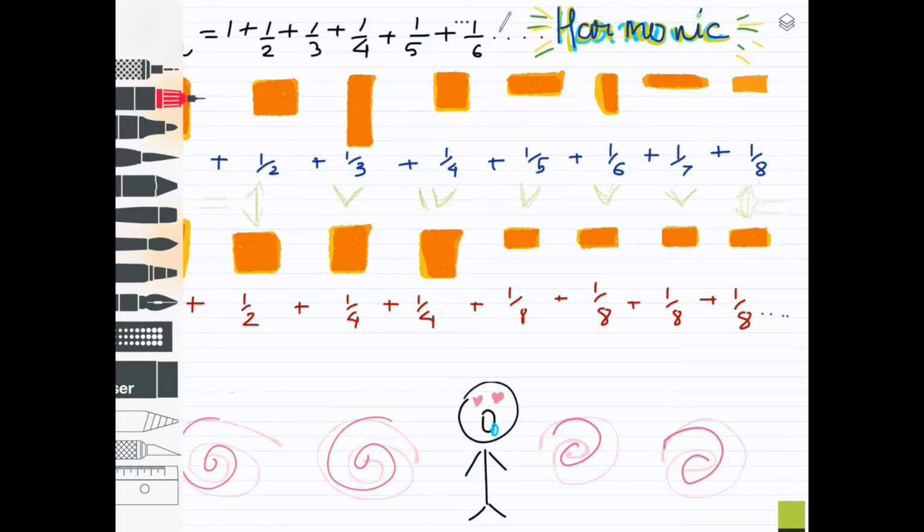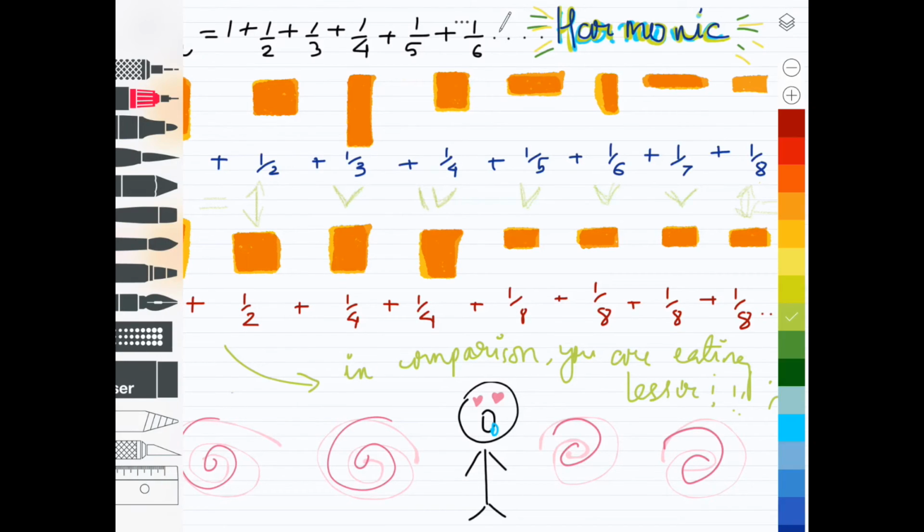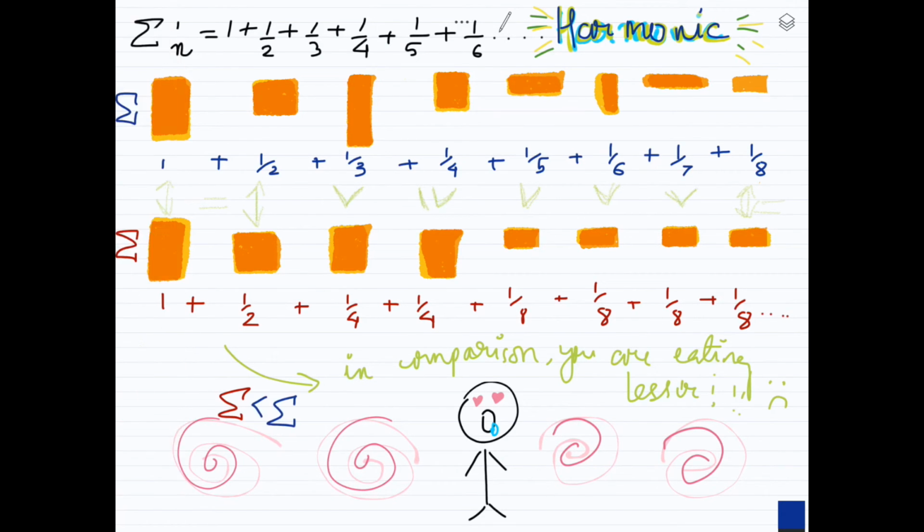In the first term, you're having 1 nugget each. In the second, half a nugget each. But in the third, note that the power of half which is less than or equal to 1 by 3 is actually 1 by 4. So you're having 1 by 4th of a nugget, and so on. Note that since each term of this new series is less than or equal to the corresponding term in the harmonic series, the summation of this new series should most definitely be less than that of the harmonic series.